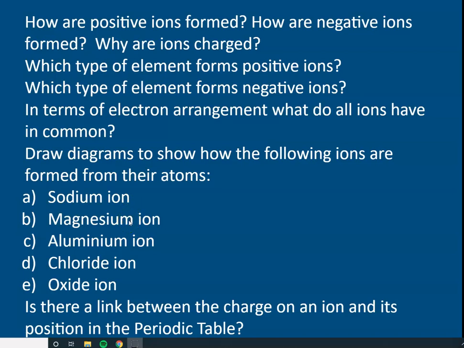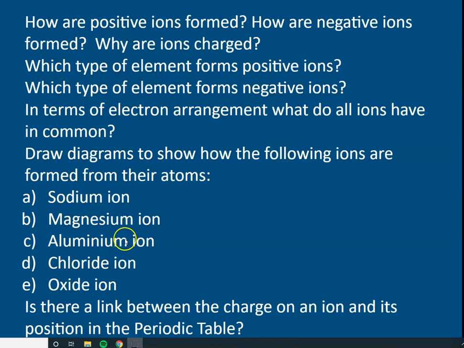Magnesium starts 2, 8, 2. It again goes to 2, 8, but because it's lost 2 electrons, the charge outside the square brackets has to be 2 plus. Okay, 2 plus, not plus 2.